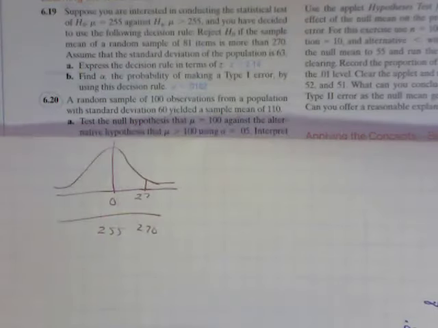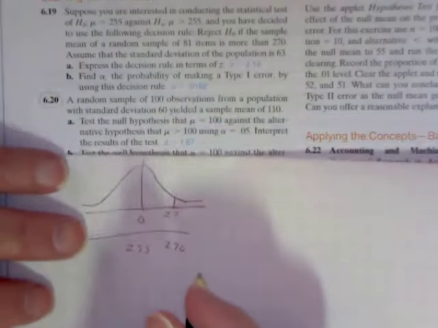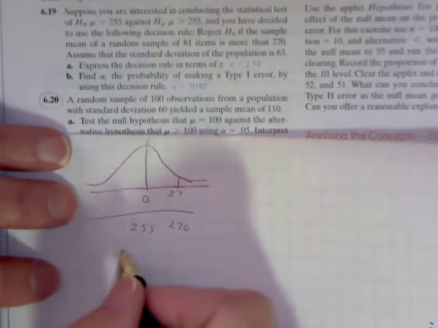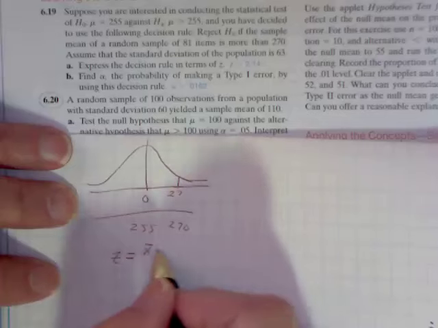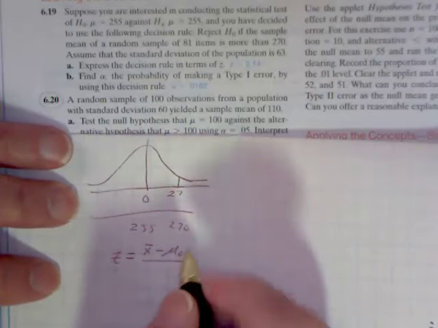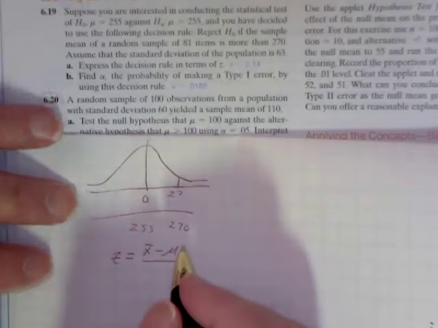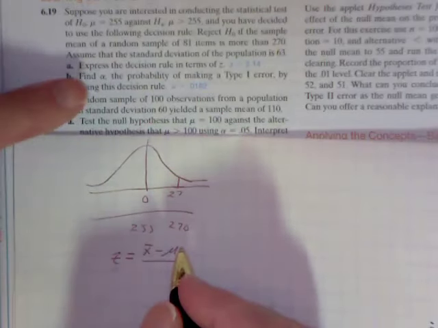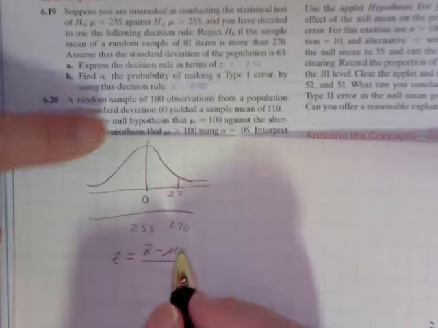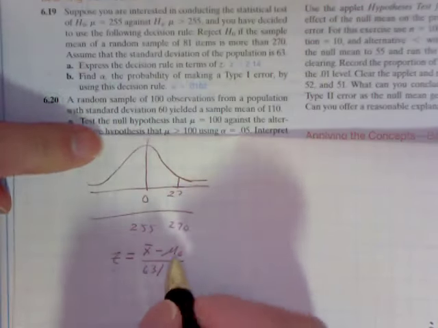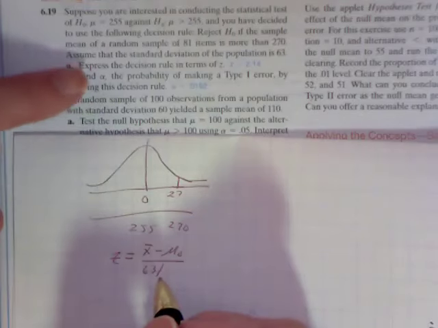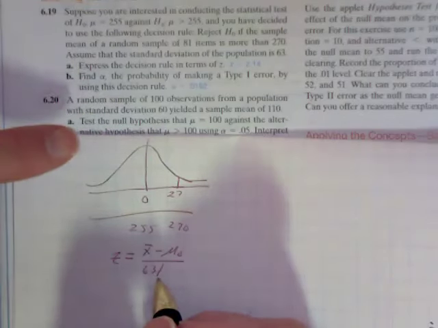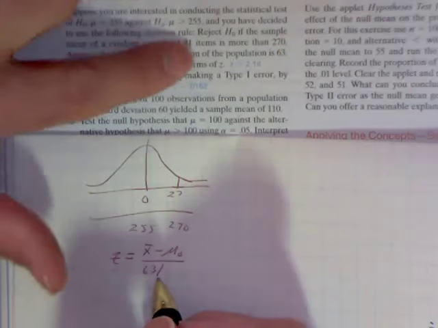Well, that 270 corresponds to a z value that you calculate by saying z equals x bar minus mu naught over the standard deviation, which is 63, divided by the square root of the sample size, which is, what is the sample size? Oh, it's 81.